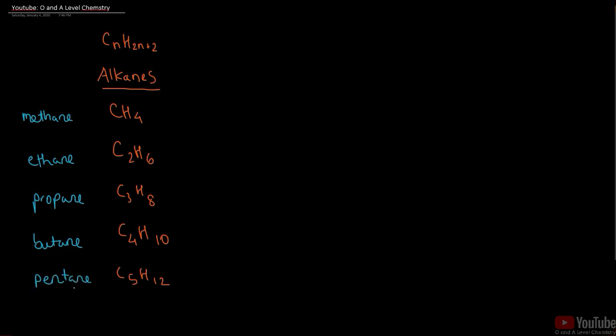So the only thing to know here is the ane at the suffix tells you that this is an alkane. Meth tells you it has 1 carbon, eth tells you it has 2 carbons, prop tells you it has 3 carbons, but 4, pent 5, and it goes on. For a general rule, you should know all the names all the way up to C12.